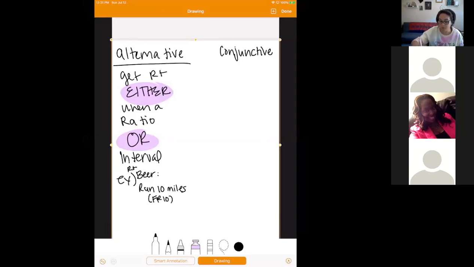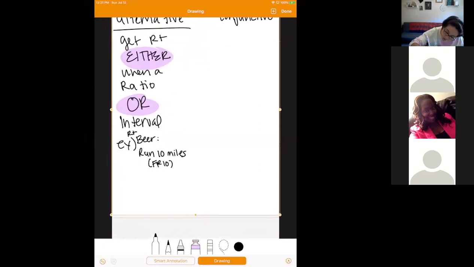Number of miles. Or I run for 2 hours. Fixed interval. So either or.